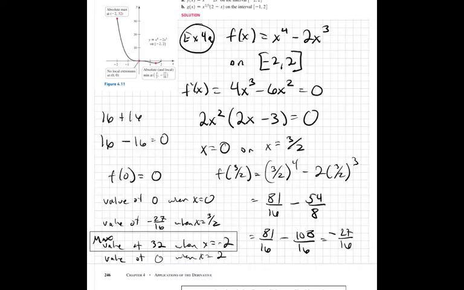And then the smallest value is negative 27 over 16, and that's a local minimum and an absolute minimum. So we have an absolute and local minimum value of this.